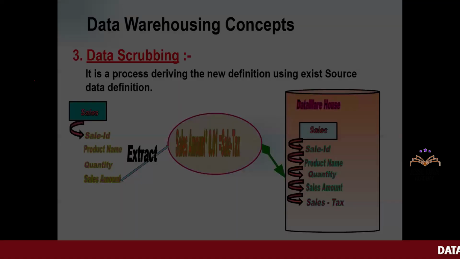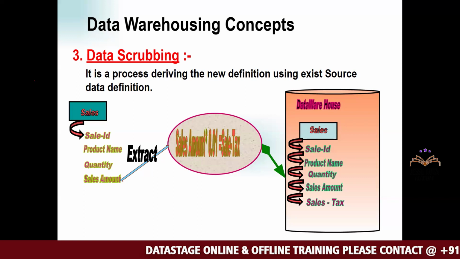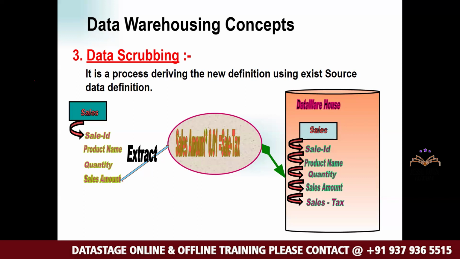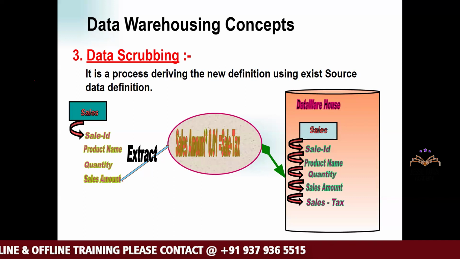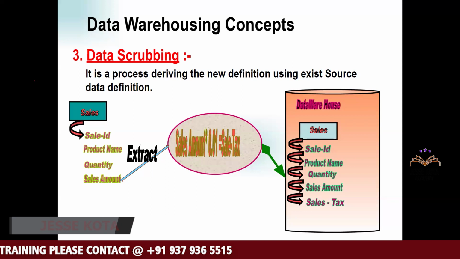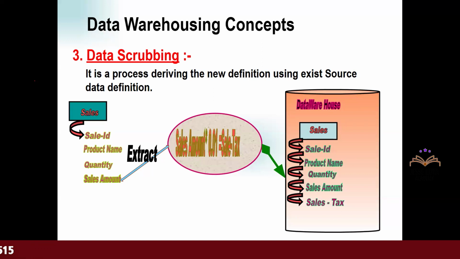And the next thing is data scrubbing. What is data scrubbing? Sales tax is a column that we are not receiving from the source. That is generated by the data warehousing table, I mean in ETL tools, as derived columns.